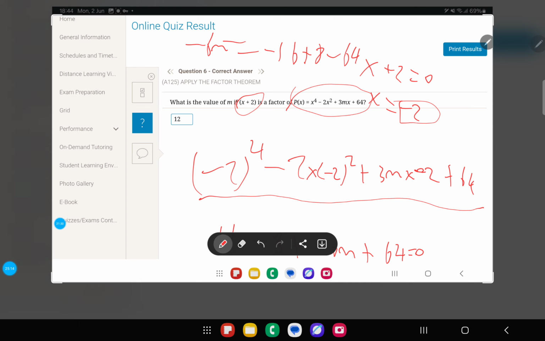Negative 8 plus negative 64 is negative 72. So you're gonna have negative 6m equals negative 72. Divide by negative 6, divide by negative 6, you're gonna have m equals 12. And that's it. You can just do this on the calculator, or you can do it on paper, whatever you like.